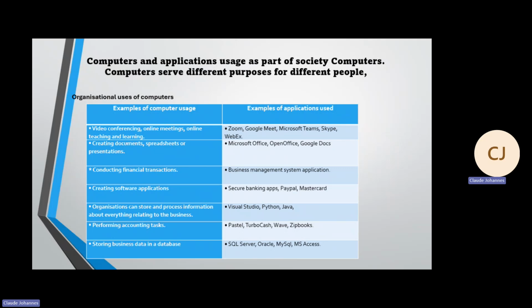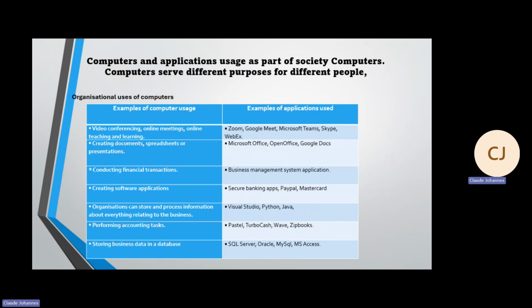We look at organizations that can store and process information about everything relating to their business. This is basically what they use to code nowadays. You have your Visual Studio, Python, or Java. Performing accounting tasks, yes, we have applications regarding that: PayStell, TurboCash, Wave, and ZipBooks.